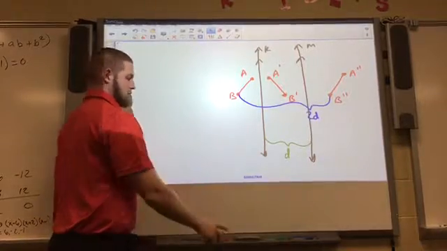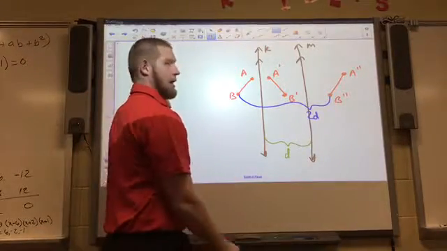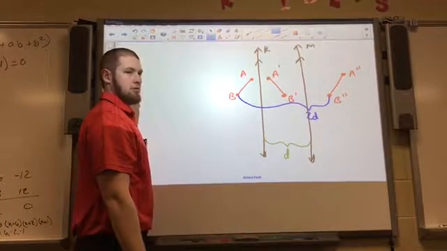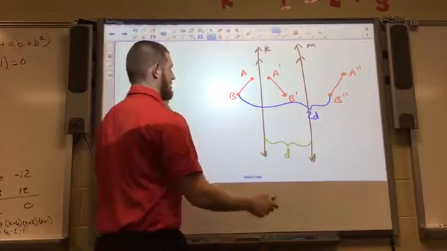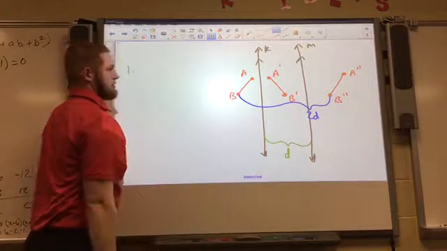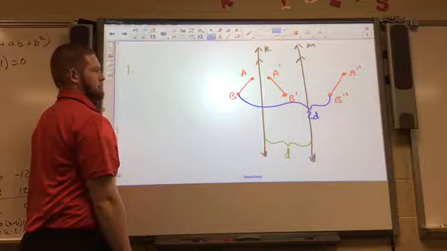Now, there is more to this still. The next stuff I draw on my diagram, I wouldn't draw if I were you. It'll just kind of make a mess of it. But you can write a few things. There are a couple other things we need to know.